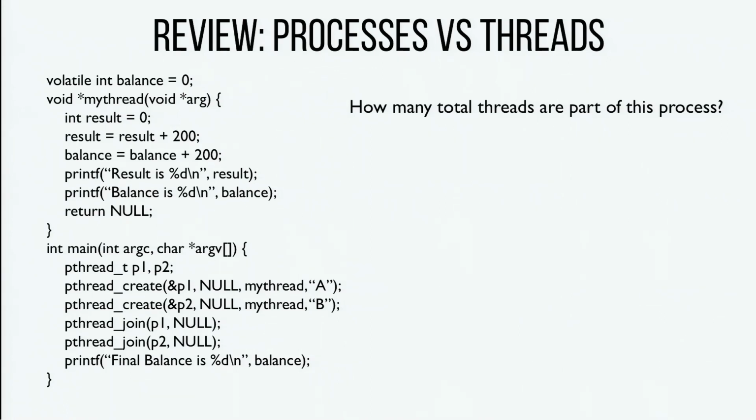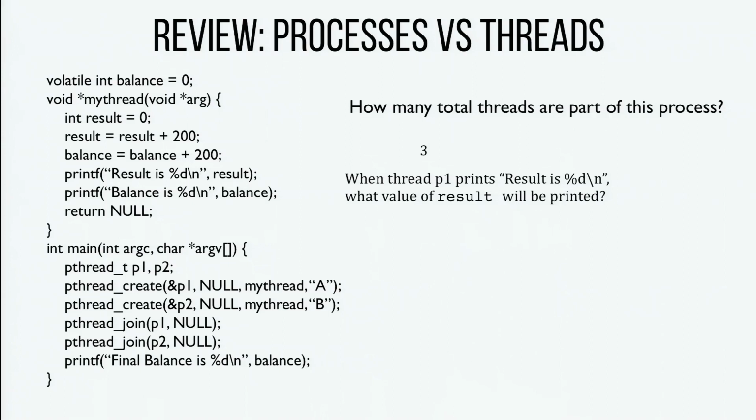So we start off, we had our main thread, and then we create 2 more. So we have 3 total threads. Then when thread P1 prints result, what value will be printed? $200, right?